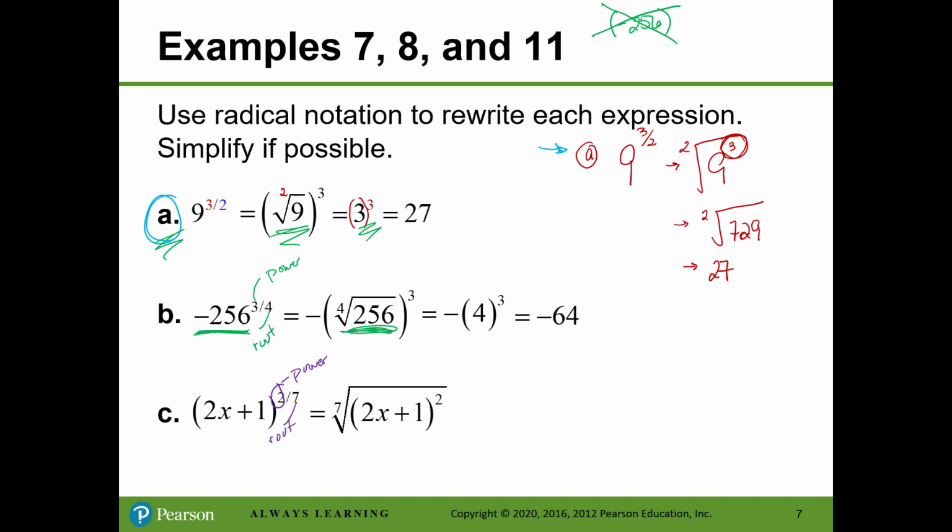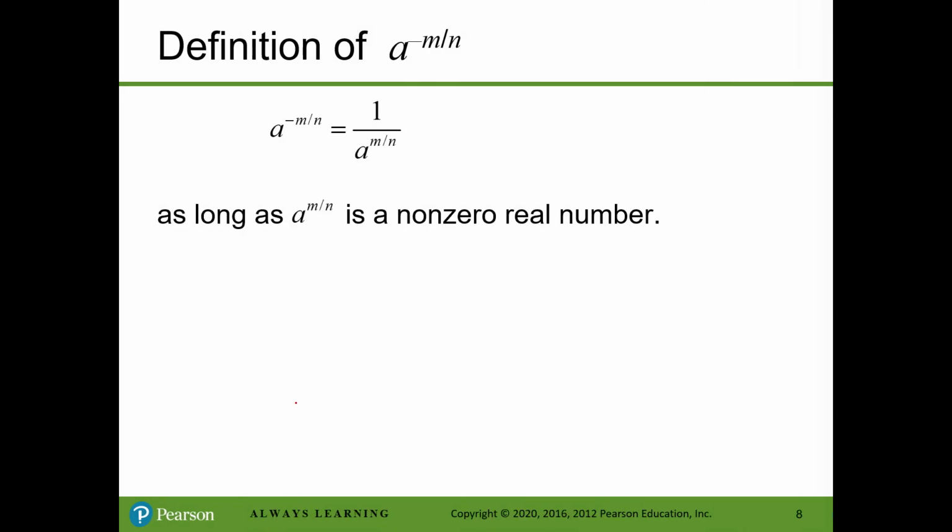How many parentheses are underneath? Yeah, only 2. And what root am I taking? Yeah, 7. Do I have 7 of a kind? No, which is why the final answer on letter C stays this way. Y'all with me?